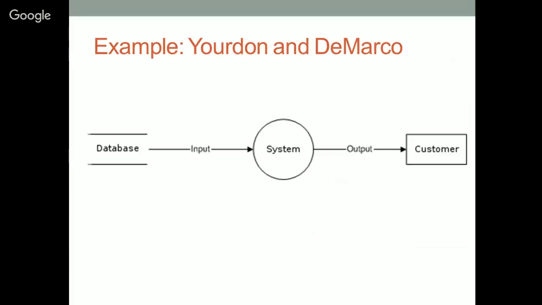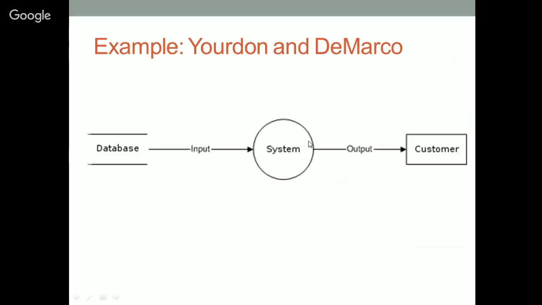All right, so this is a really simple example, and this is using the Yourdon and DeMarco notation. In this example, we just have a basic single line flow that the data flow diagram is representing. So we have the database, which is the data storage, and information flows from that database to the system process.